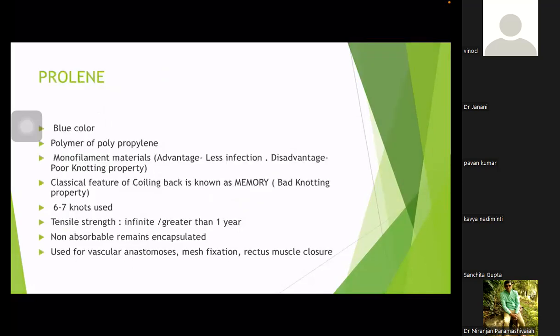Prolene. It is a polymer of polypropylene, which is blue in color, and it is a monofilament. It is the one which has the highest memory, and it is to be knotted around 6 to 7 times. Vinod, again, Prolene is a brand name. Polypropylene is the suture material name. Okay, sir.